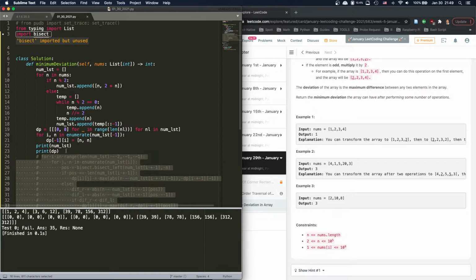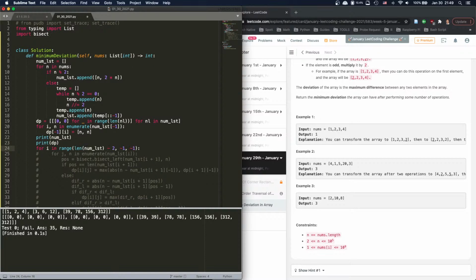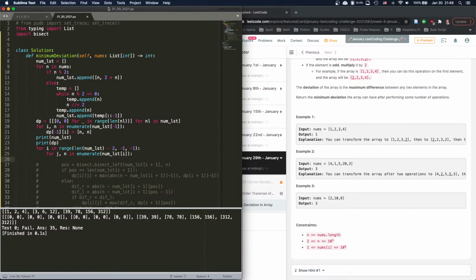That's what we want. And then we can say for I, from this position on, we're going to say for J and for K in range, right?